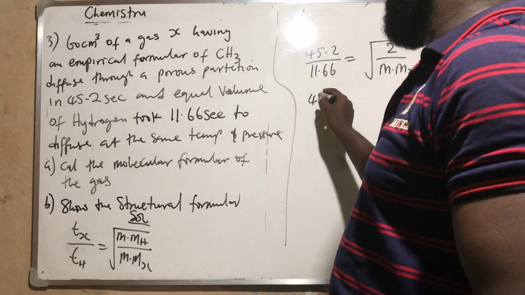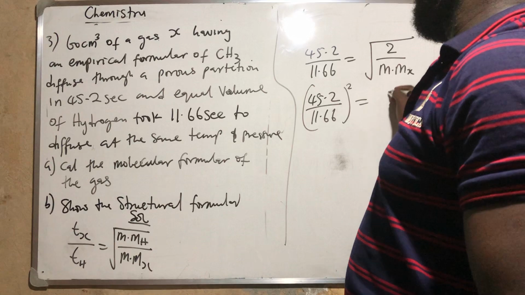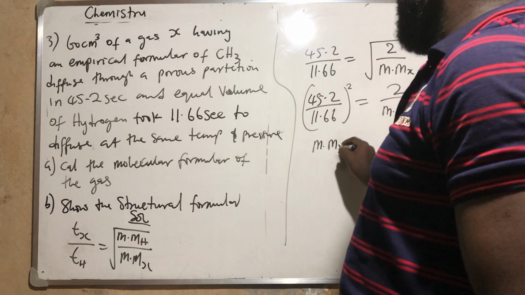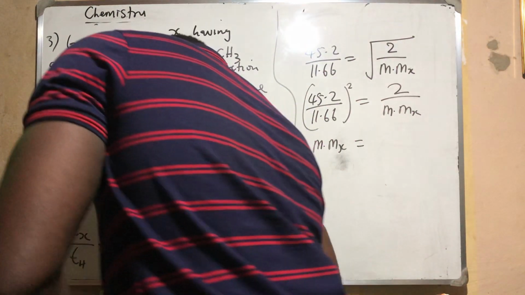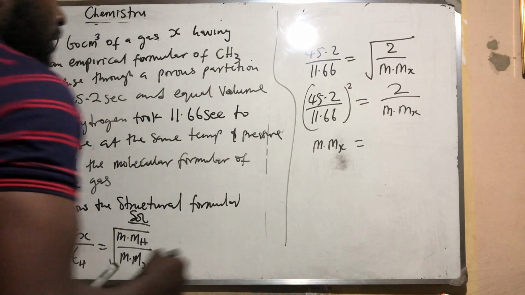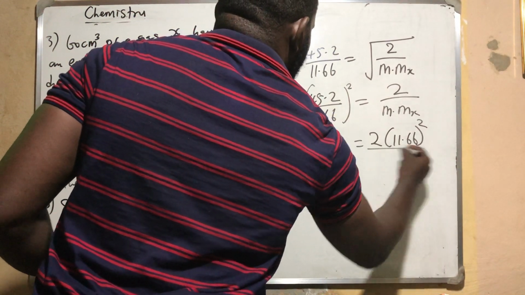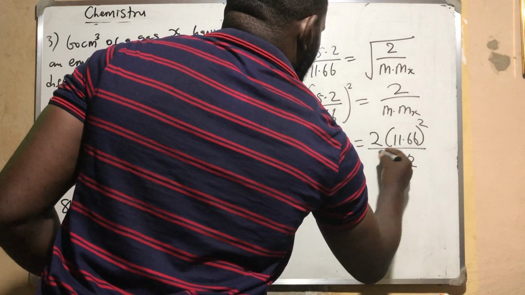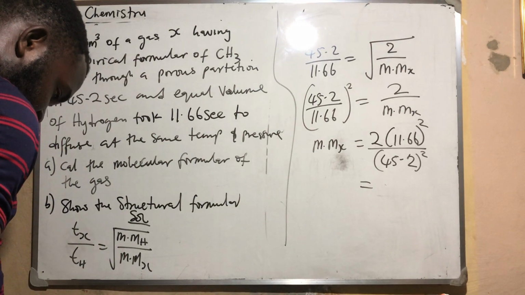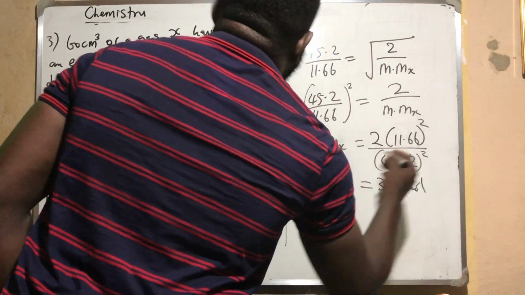Crossing here, I will now have 45.2 divided by 11.66 all squared is equal to 2 over the relative molecular mass of X. So the relative molecular mass of X will be 2 in bracket of 11.66 all squared divided by 45.2 all squared. If you do that, the relative molecular mass is 30 gram per mole.